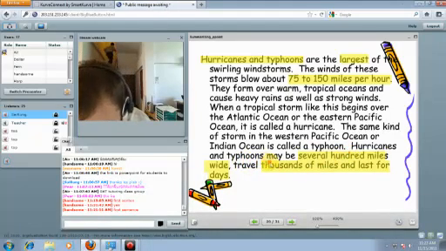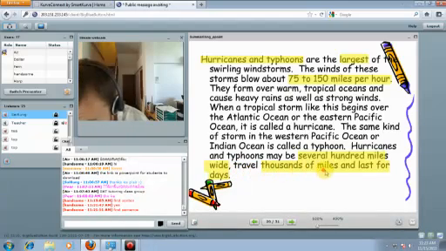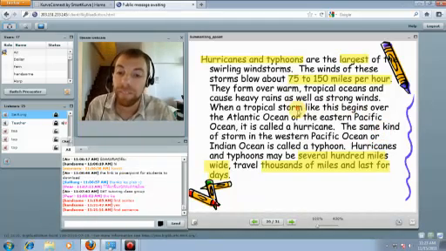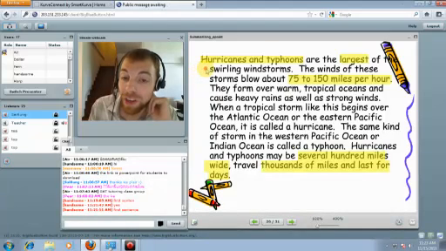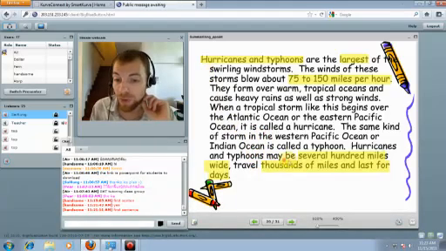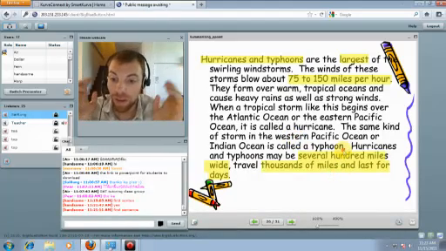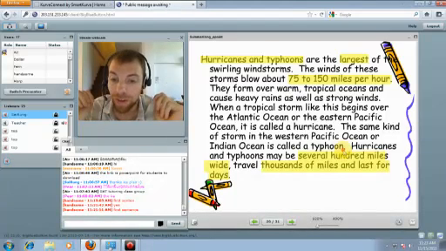Hurricanes and typhoons may be several hundred miles wide, travel thousands of miles, and last for days. So, here we're learning about hurricanes, or typhoons, same thing. These are very big, very strong, very fast, very long, windy.